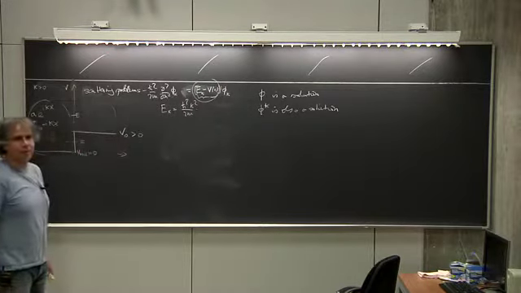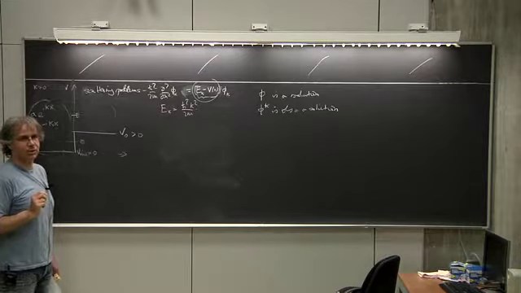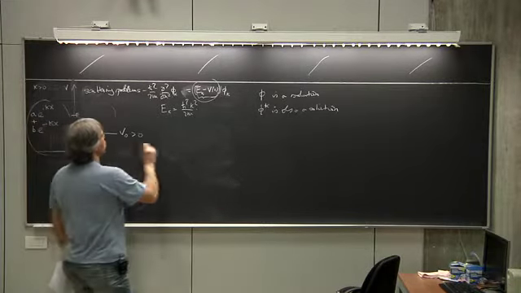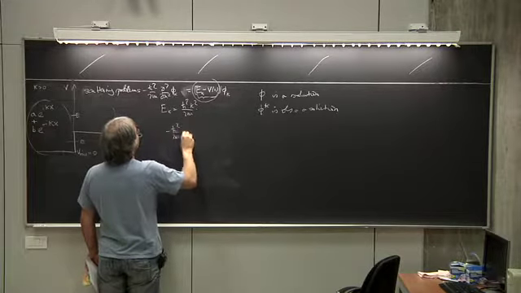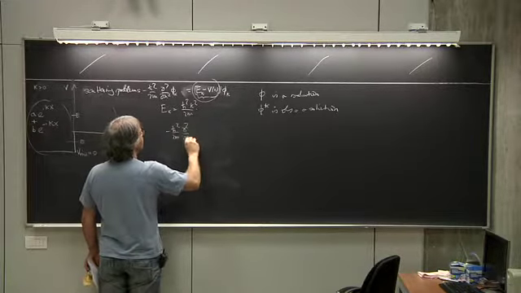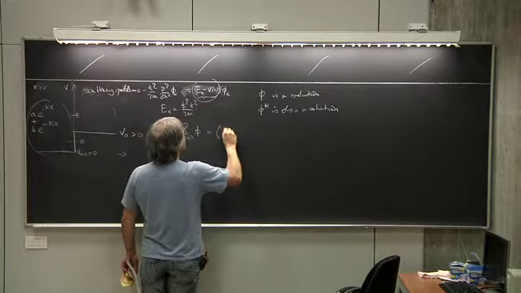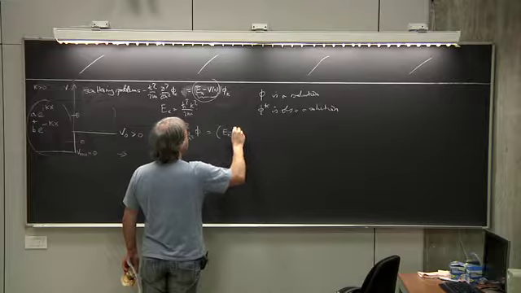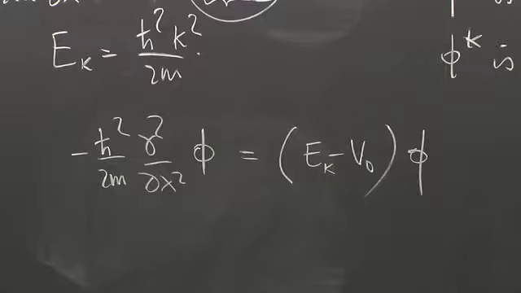So you can solve, okay? But it's not E, it's E minus V0 that matters there, okay? So you have to solve the problem minus h bar square over 2m, second derivative of a function, equal to a positive quantity, which is now E minus V0. Okay? What is the solution?